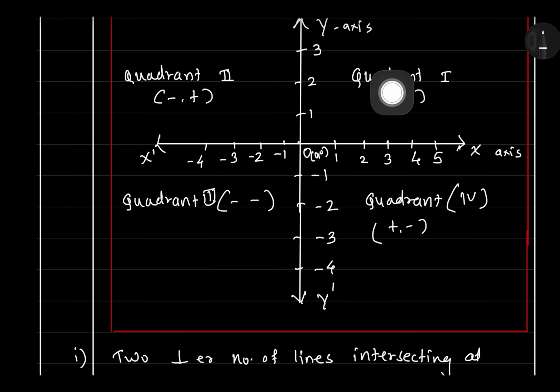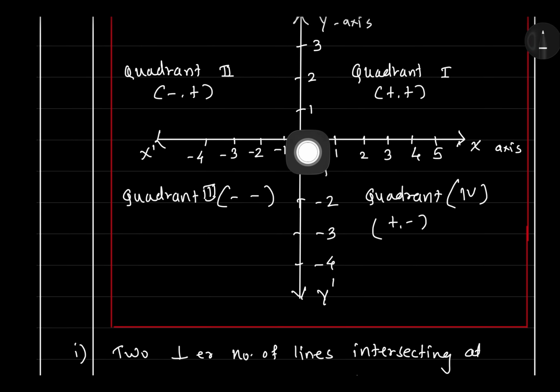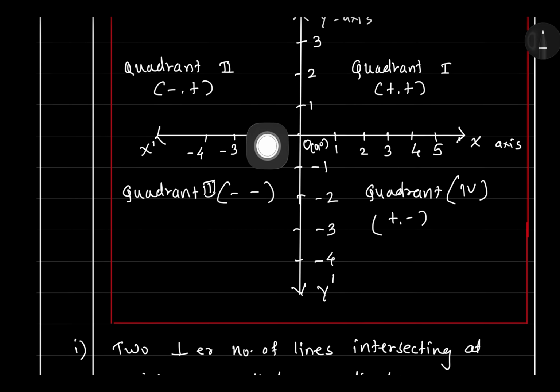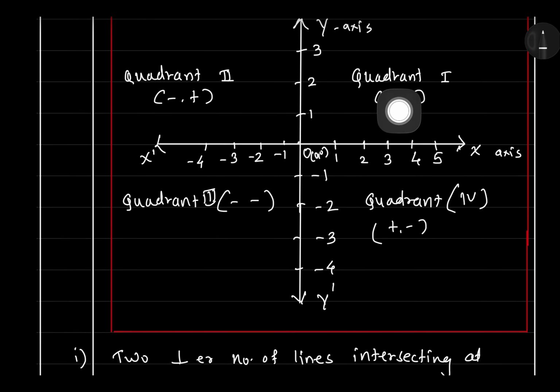Here, the perpendicular axes intersect and make four parts. Each part is called a quadrant: first, second, third and fourth quadrant. Their signs: we always take the x-axis first and then the y-axis. In the first quadrant, x is positive and y is positive, so plus plus. In the second quadrant, x is minus and y is plus, so minus plus.